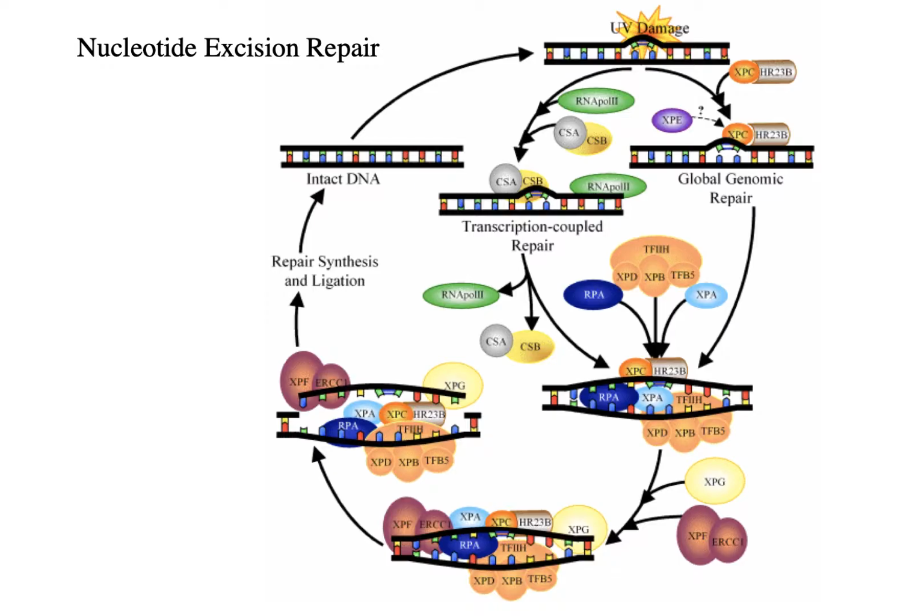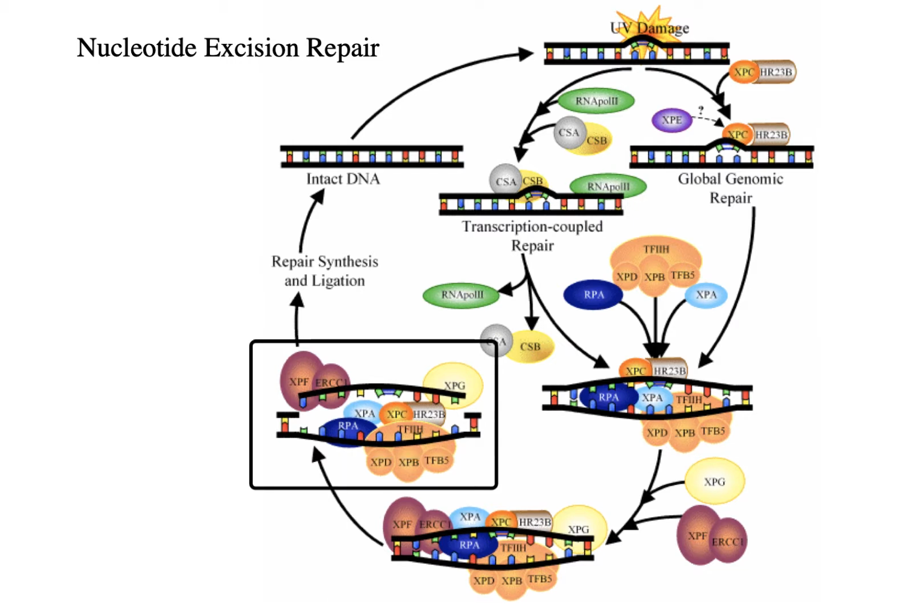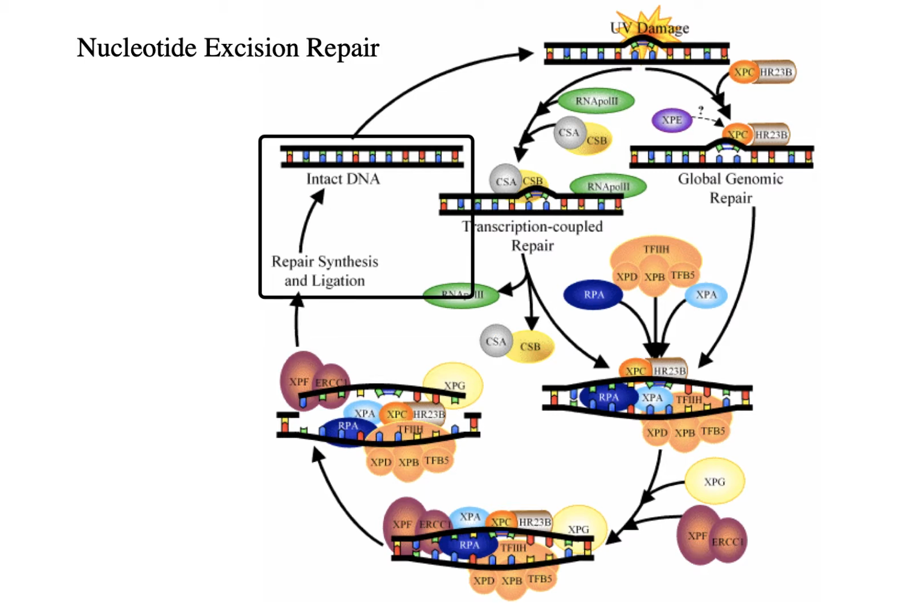So here's that nucleotide excision repair pathway. If you have UV damage up at the top, then several proteins run along the DNA and recognize that, and then recruit other proteins into the same area, including an endonuclease, which clips out the fragment of DNA that's in error. Then DNA polymerase and ligation synthesize a new strand.